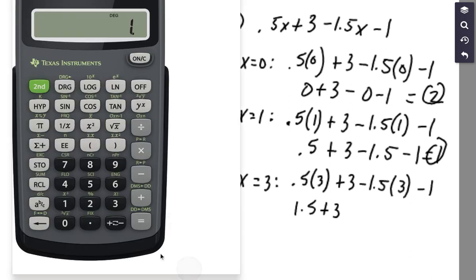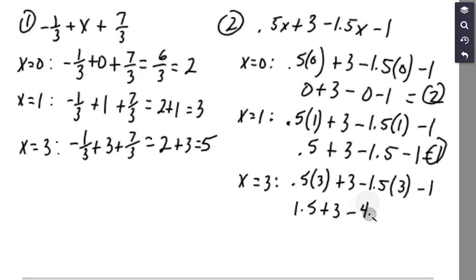I'm going to use my calculator for that. So we put in 1.5, make it negative, times 3. That gives me negative 4.5. So this is negative 4.5 minus 1.